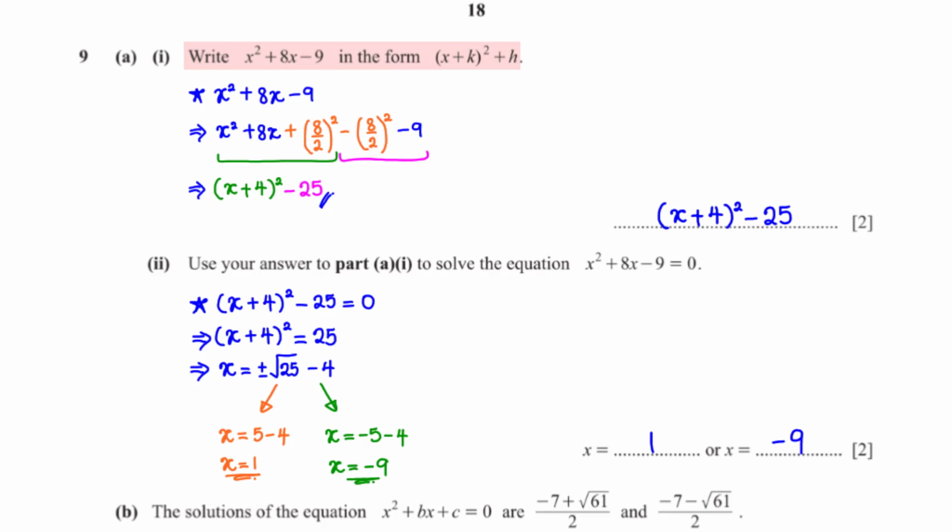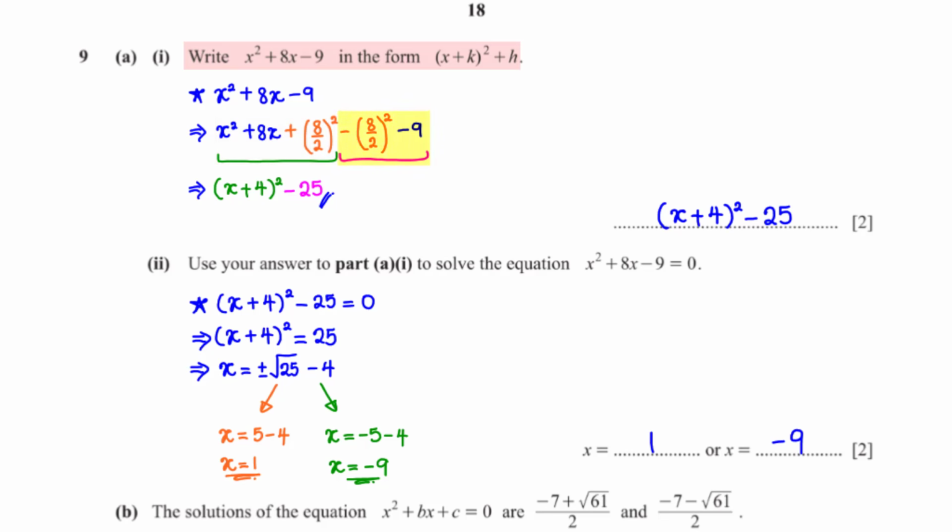So first, we take the coefficient of the x term, which is 8, divide it by 2 and square it. Then we add and subtract it to balance the expression. Now that we have the expression in this form, this first section of the expression can be rewritten by taking the x of the x squared, then taking the constant term 8 over 2, which is 4, then writing it as x plus 4 all squared.